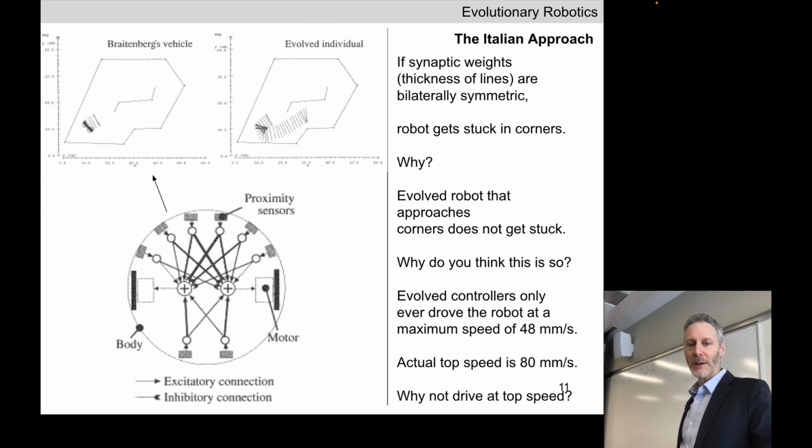Okay. Some other interesting things they observed. The evolved controller evolved to drive at 48 millimeters per second, but the motors attached to the wheels could actually spin the wheels at 80 millimeters per second. It never got there.